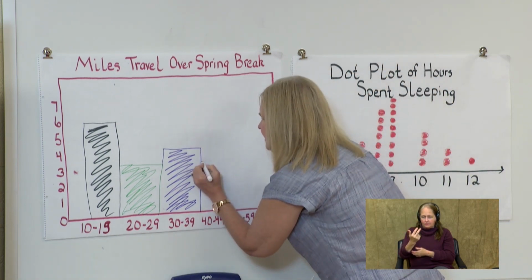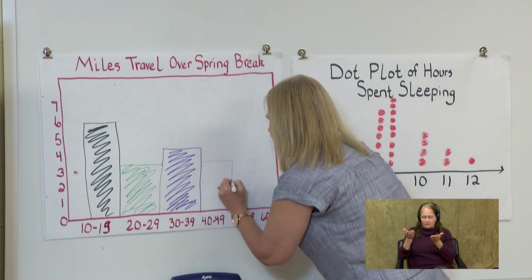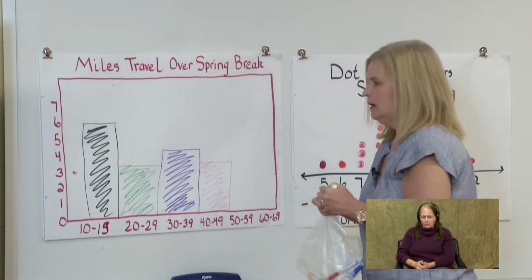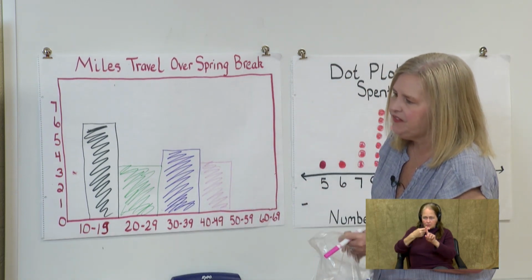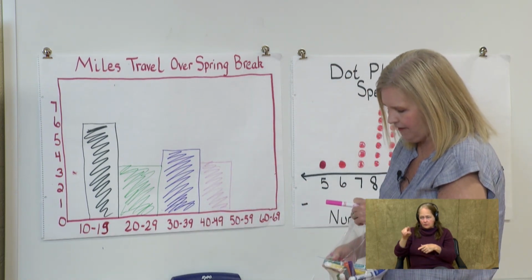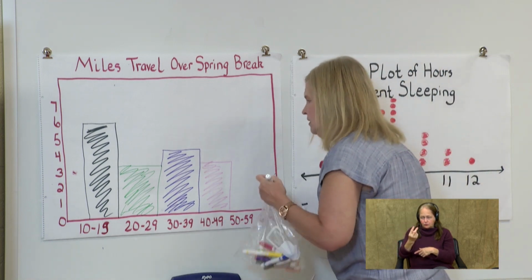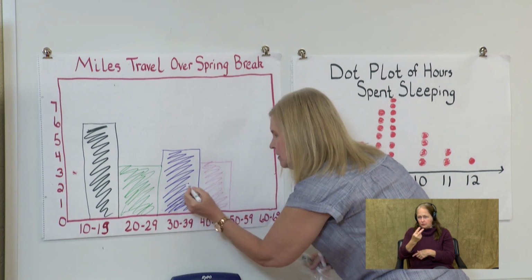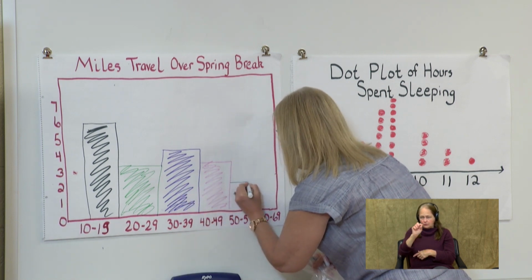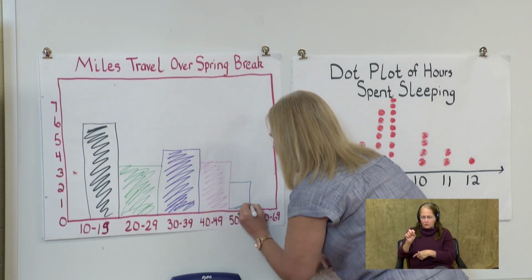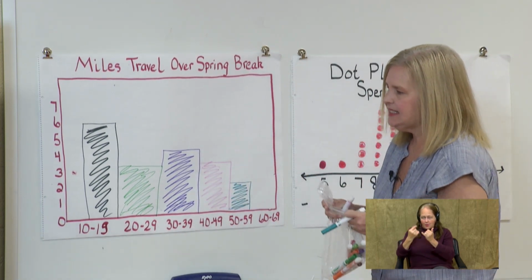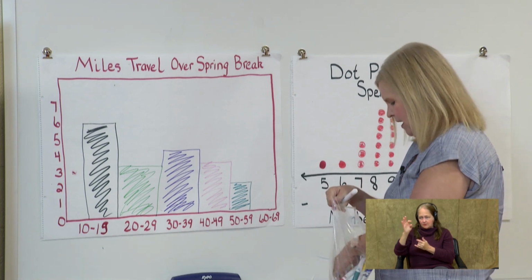So you're going to connect it here. The next one is 50 to 59, and you have 2 of those. So we're going to go down here to the 2, out here. And then the last one, 60 to 69, we have 2 as well.